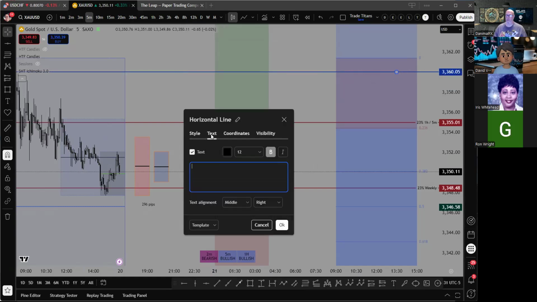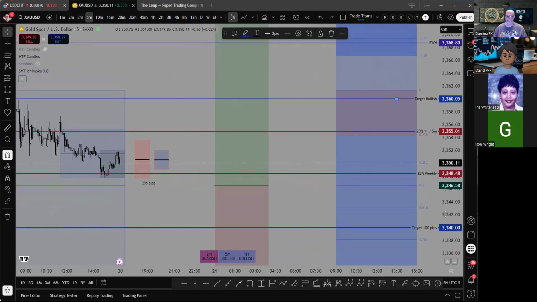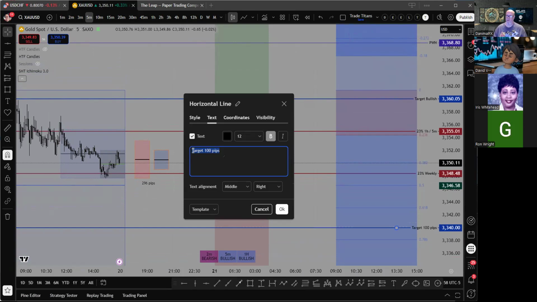Target. Bullish. Bullish target, if I can spell right. And this one will be, where's my other target? Target down here is bearish.